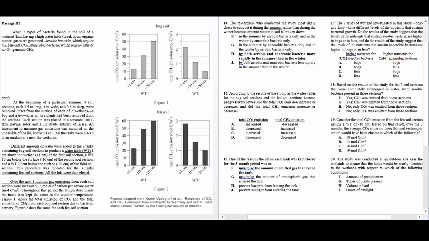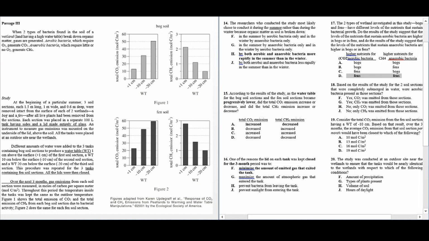So we're essentially answering the question of whether there are more emissions in bog soil or fen soil for the two types of bacteria. And a quick read of the graph shows that in both cases there are higher values in the fen soil, so we select answer D. Again, it's important to double check your reasoning in these graph reading questions.